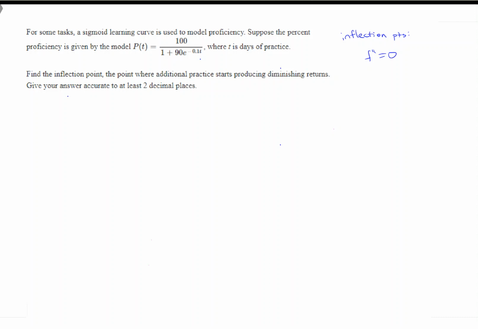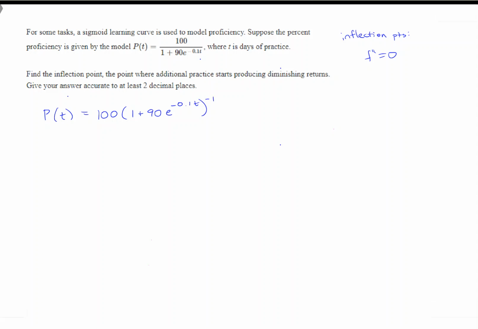So I need to start by figuring out my first derivative. What I will do is rewrite the function so that I'm not using the quotient rule initially. So 100 times (1 + 90e^(-0.1t))^(-1).